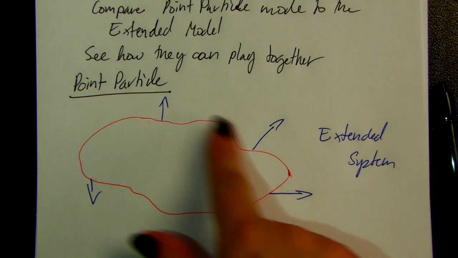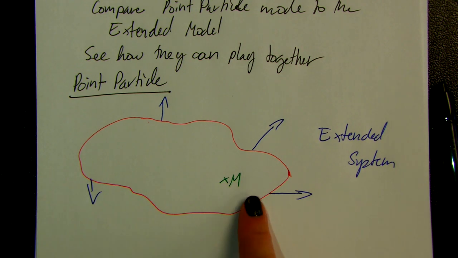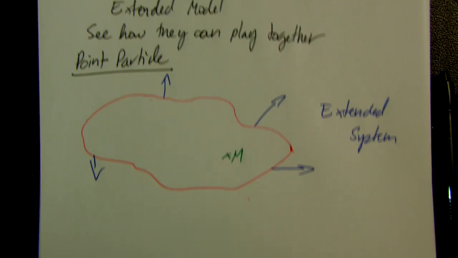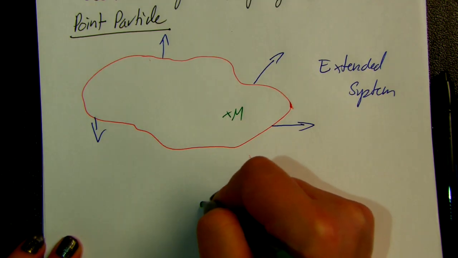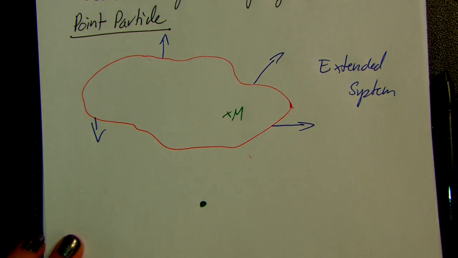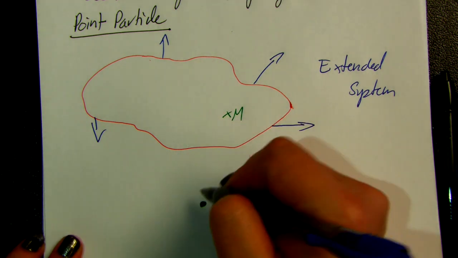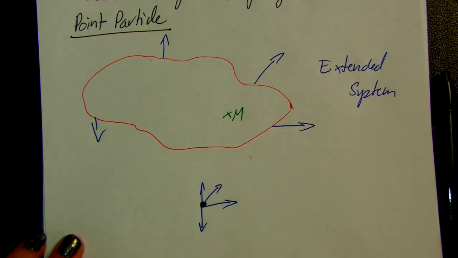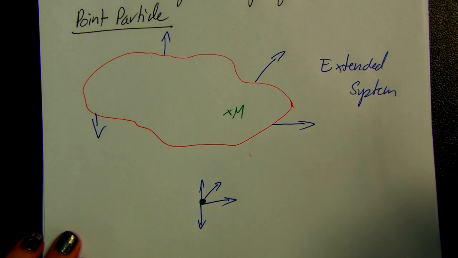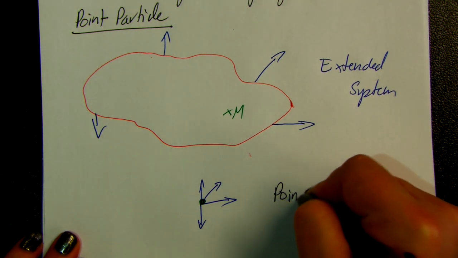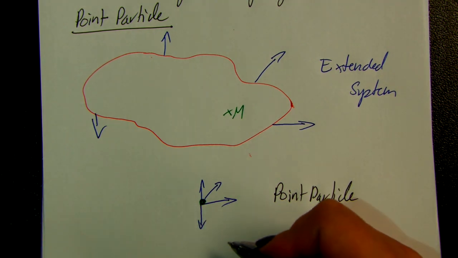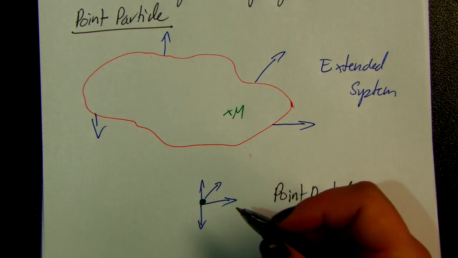You need to account for where all the forces are acting, and you need to know where the center of mass is. Now, if we were to do the point particle model of the system, we do a point, and we're going to assume everything's acting on the center of mass. So I've got a force going down, a force going up, a force off at an angle, and a force to the horizontal. So this is our point particle, and this is really going to tell us a lot about the movement of the center of mass, which is an important part of our energy equations.